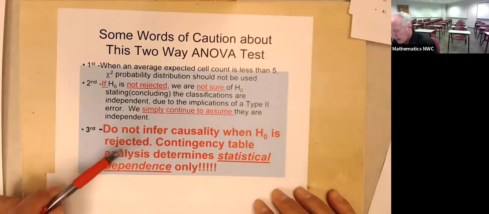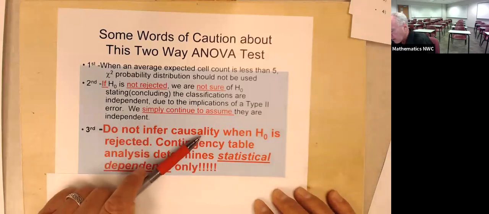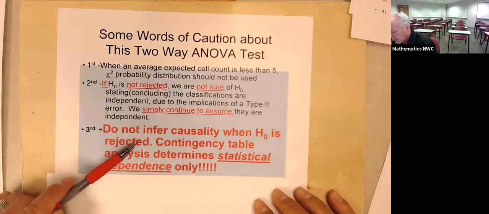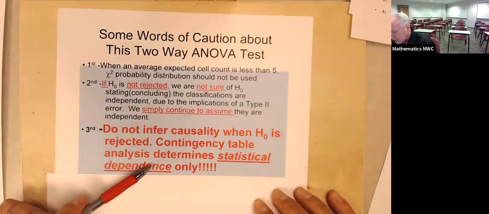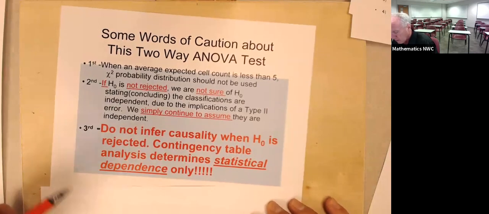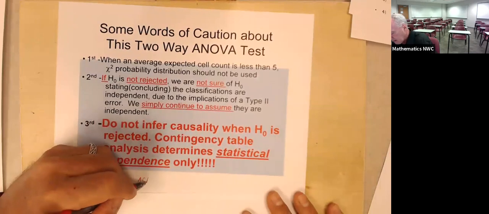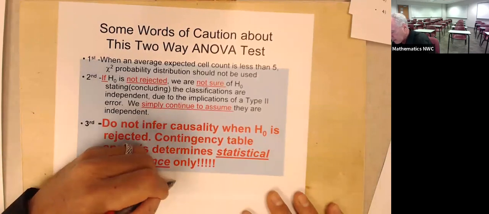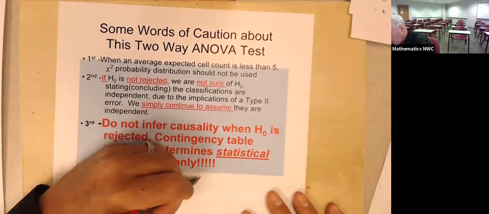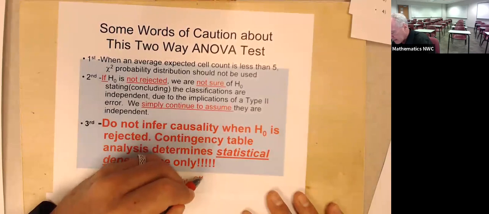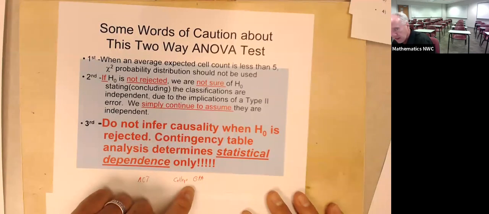This is a biggie. Do not infer that one causes the other. Contingency tables analysis determines dependence only. It does not determine one causes the other. For example, higher ACT is dependent with college GPA. It does not mean one causes the other.